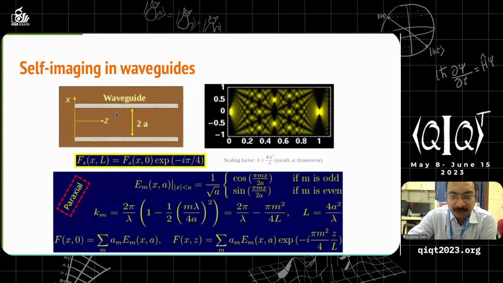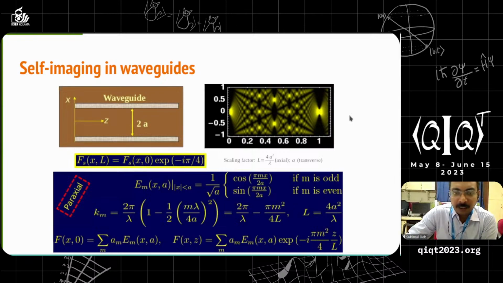X is the transverse direction, and when you inject a beam, it'll propagate and produce a beautiful carpet like the one you see over here in yellow, the intensity carpet. And at a certain distance, which is marked as 1 in units of L, which is 4a square over lambda, the input beam is reproduced.